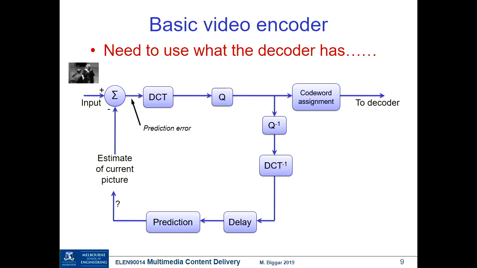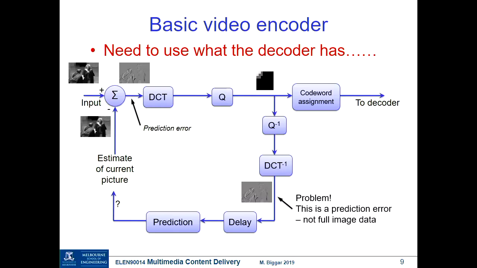So we need a full image here, but the signal that's generated after the subtraction is a difference image, and we will represent it as a series of blocks of DCT coefficients. But when we get back to here, it's still a difference image. So we can't just delay it until the next frame and use it to predict this picture directly, but rather we need to get back into the pixel domain instead of the difference domain. Does that make sense?